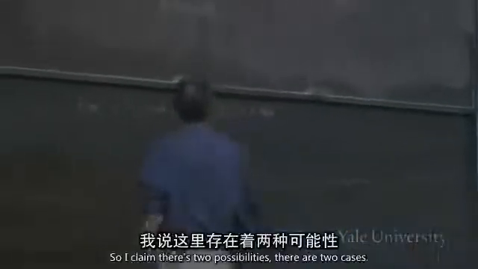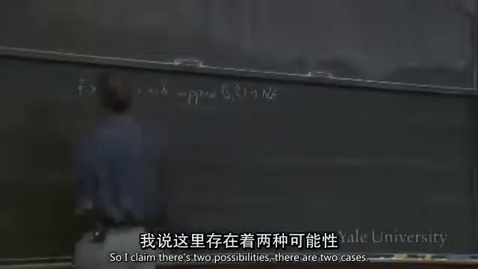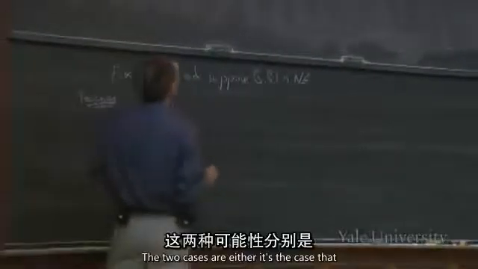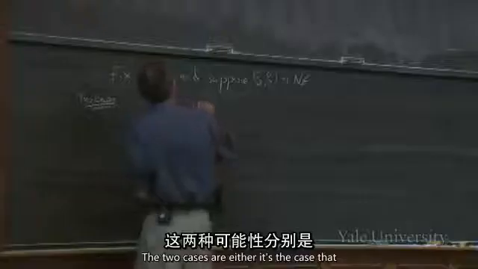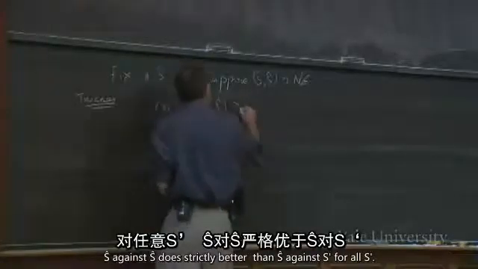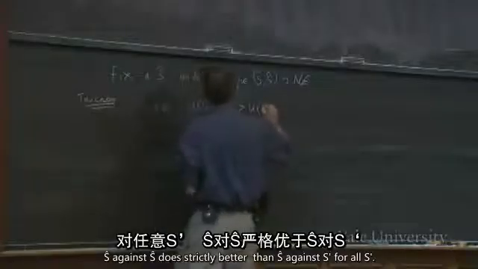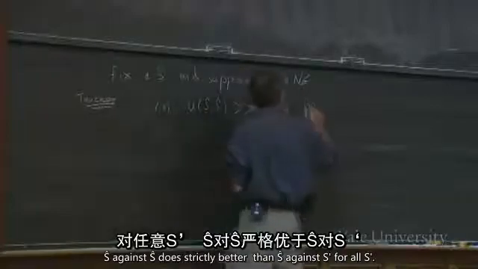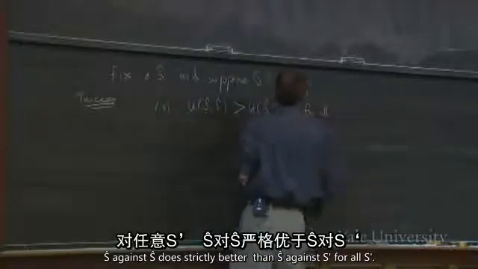So I claim there are two cases. The two cases are, either it's the case that S hat against S hat does strictly better than S hat against S prime, for all S prime.